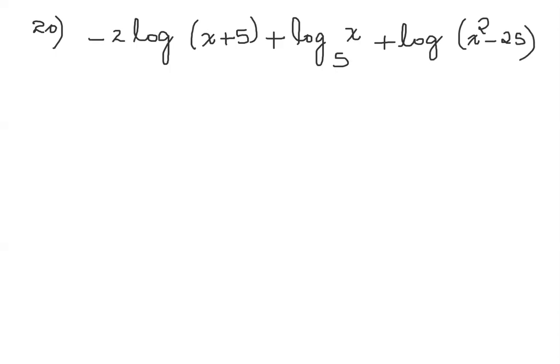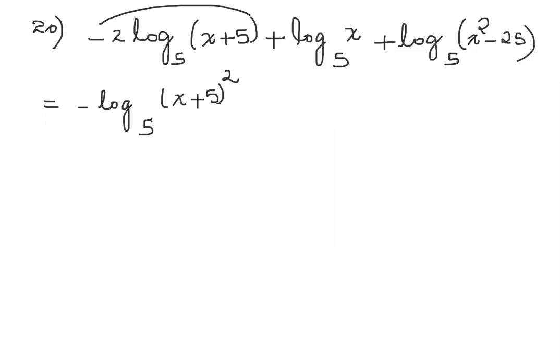Okay, so we have to move the 2 to the power. So it's going to be negative log of x plus 5 squared. And the base is 5 given here. So don't forget the base. And log x to the base 5.